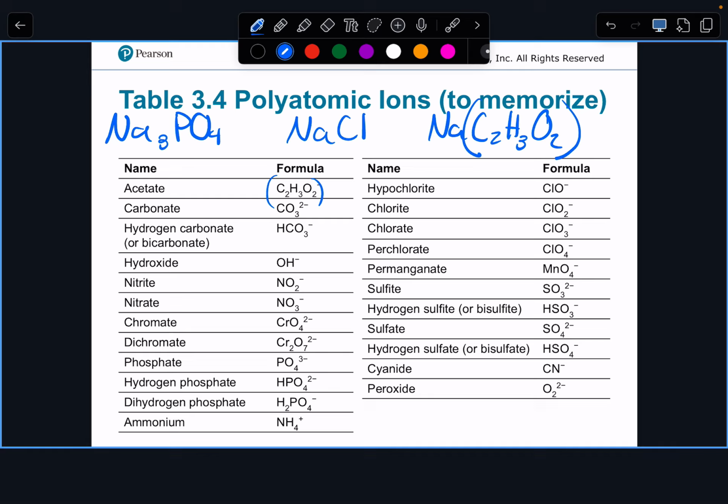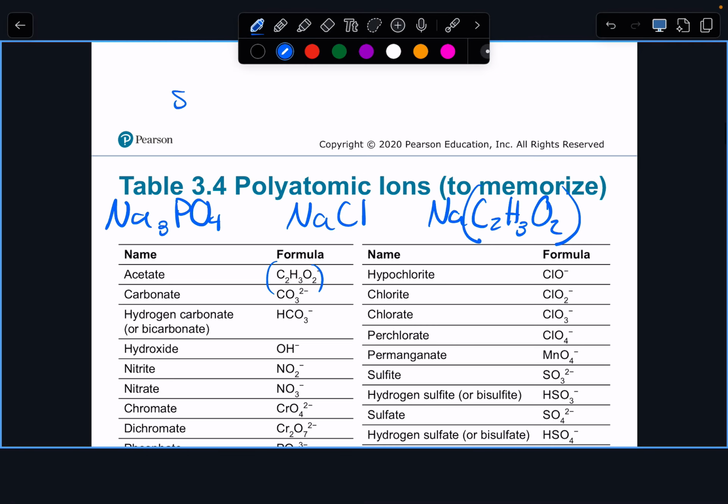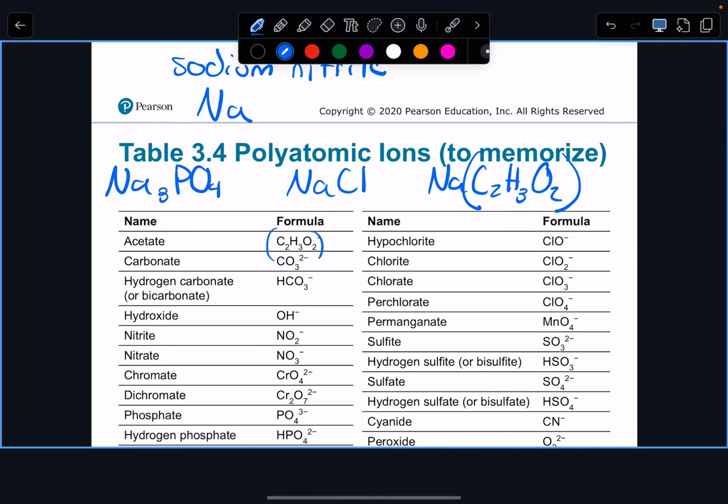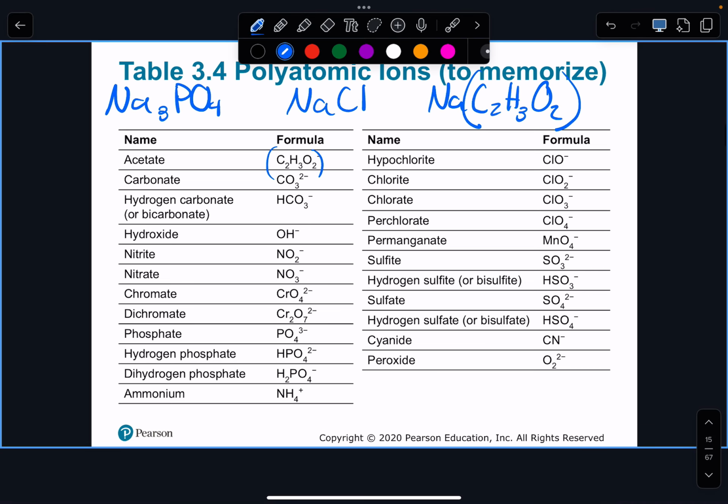So on the exam equation sheet, you'll see this list just without the names. It's easier when you're going from name to formula. So if I said sodium nitrite, you would be like, okay, I know sodium's Na, and what is nitrite? So then you go to your exam equation sheet and look through the list.